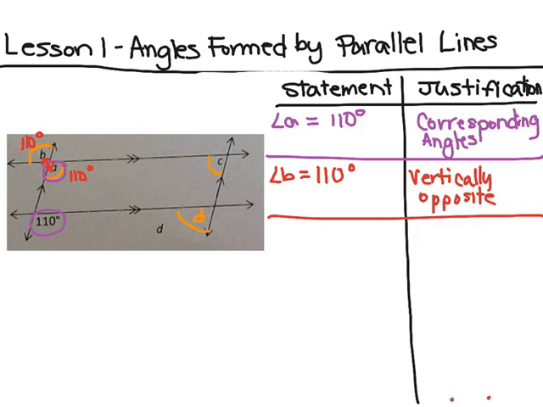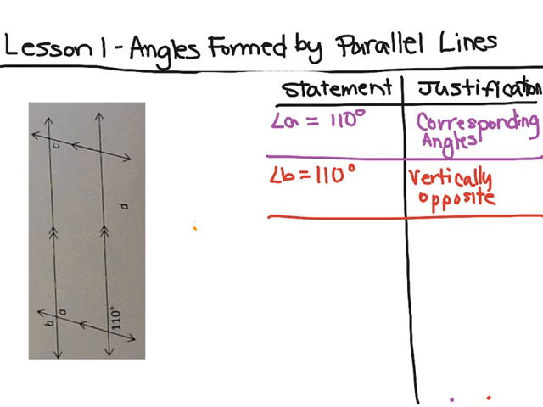If you look at the diagram in a little bit different of a way, I'm going to flip it so you can see it. If you look at it like this, we know that this is 110 degrees and this is 110 degrees. Obviously you can't flip this on your page, but you can flip your page around to see it. Angle C and angle A are on the same side and on the inside.